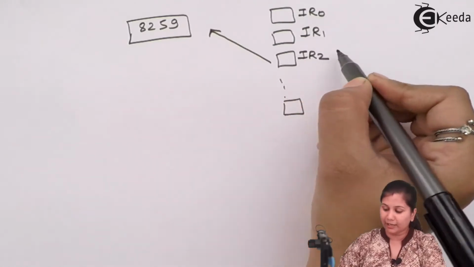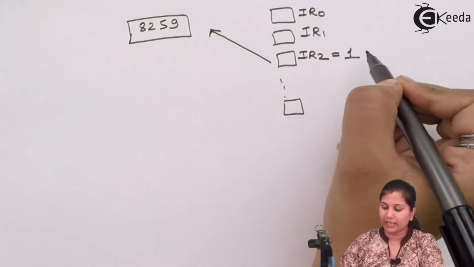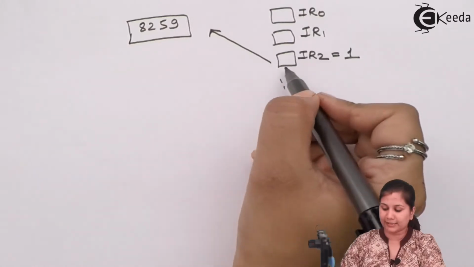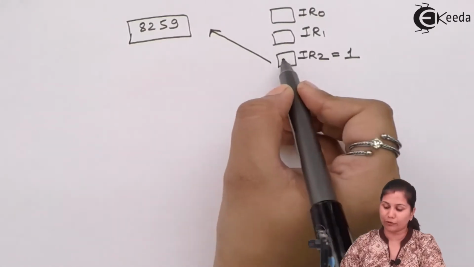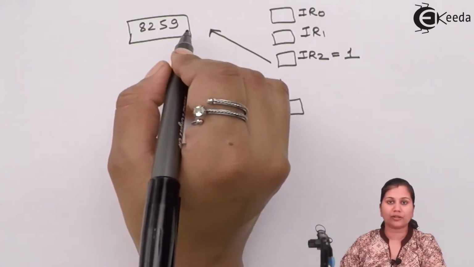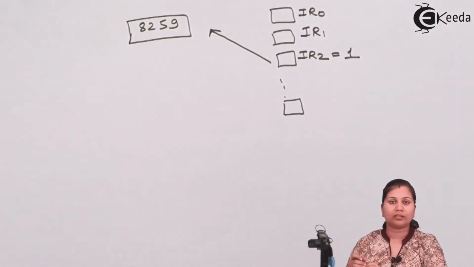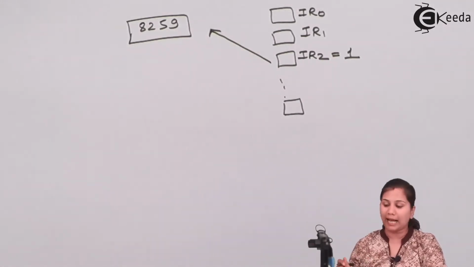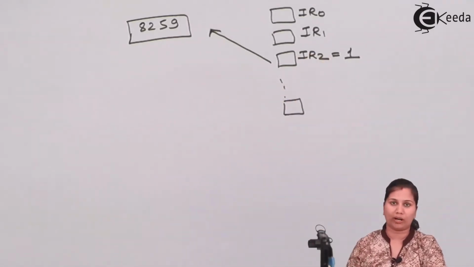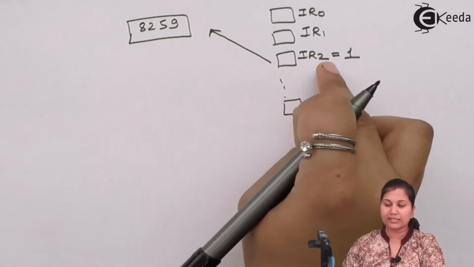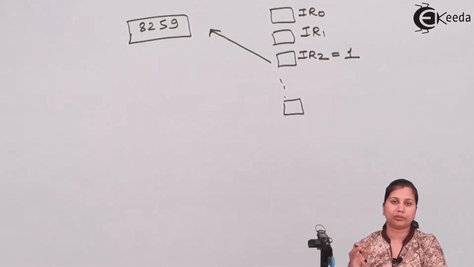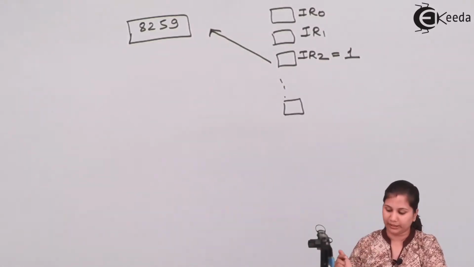When this IR2 bit is set to 1, it means that this third input output device wants the service of the microprocessor. In this way, whichever interrupt input wants service, that bit will be set to 1. If it is 1, it means that this input output device wants to communicate.